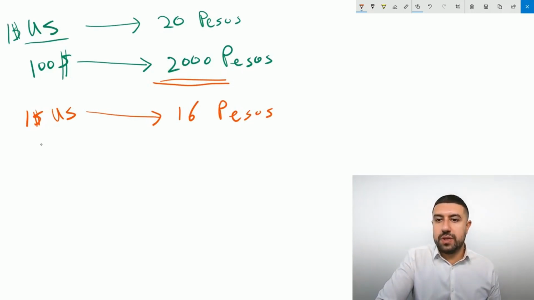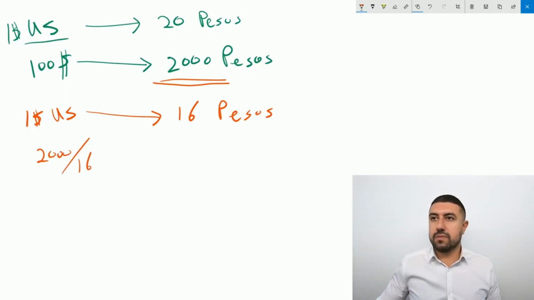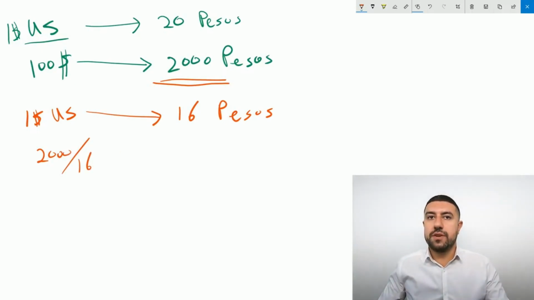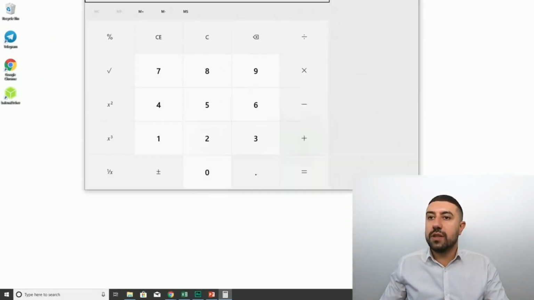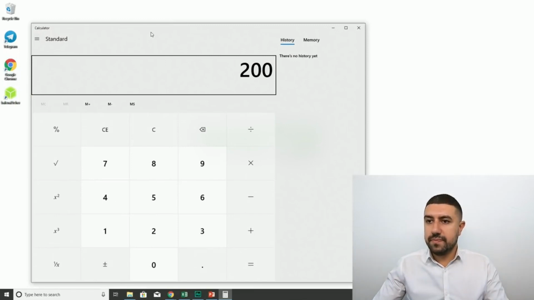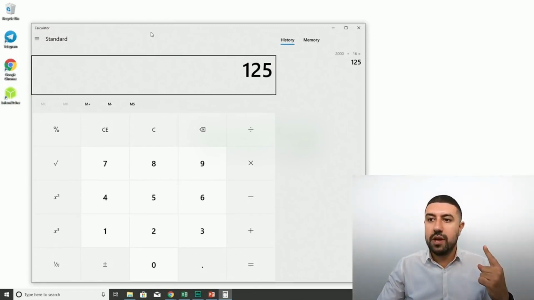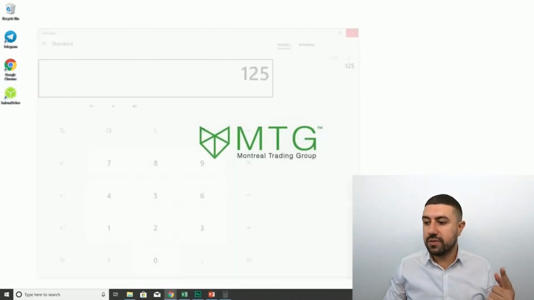So what you would do is 2,000 divided by 16. I'll open a calculator here. 2,000 divided by 16, because each 16 pesos gives you $1. That gives you $125.